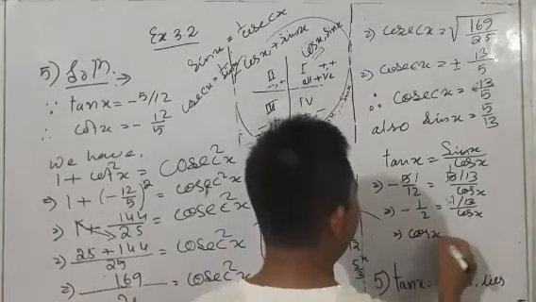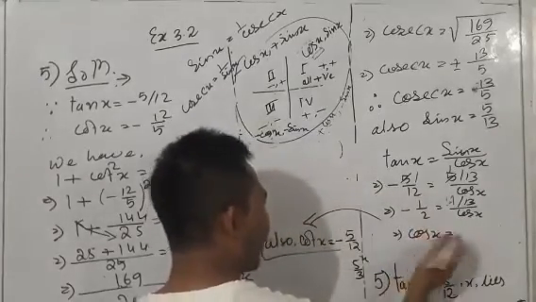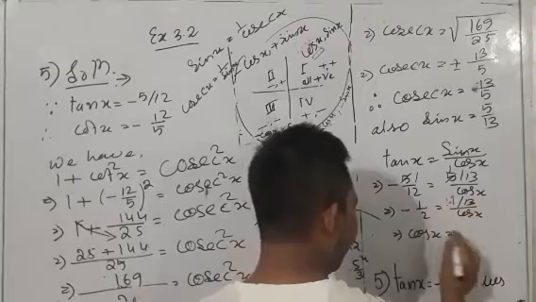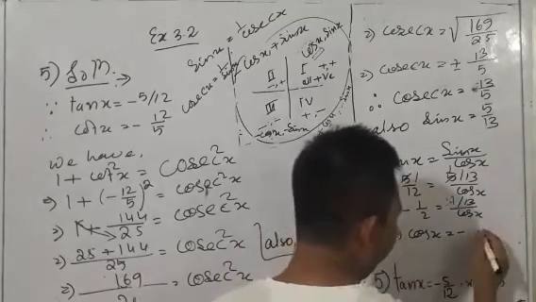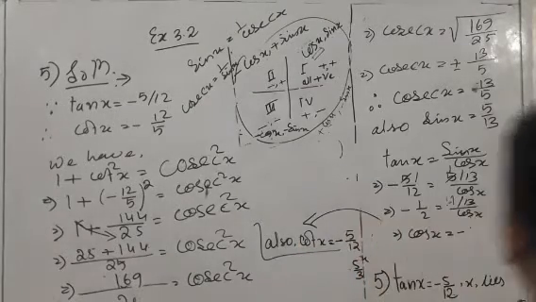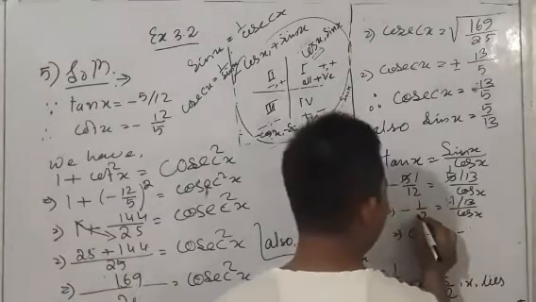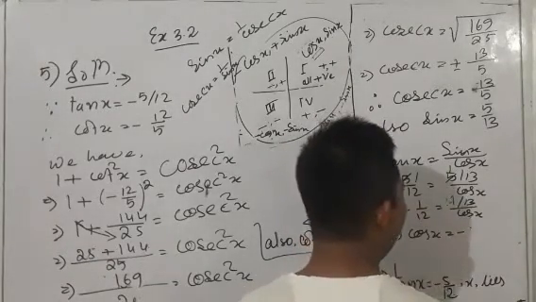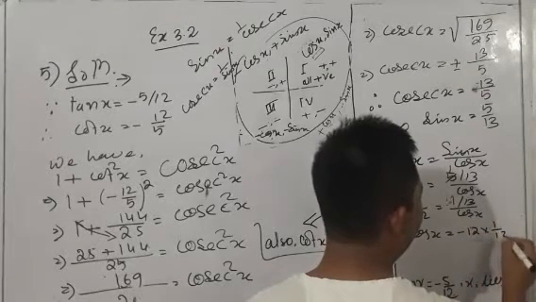So cos x into 1 is cos x only, right? So you multiply. The minus is there, bring the minus here. Okay? So it will be what? It will be 12, correct? So it will be 12 into 1 by 13.